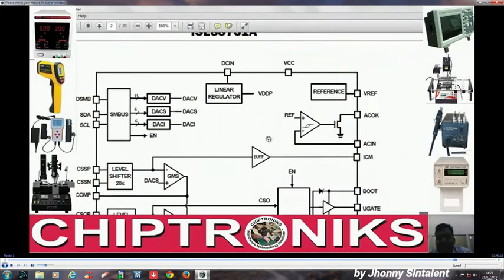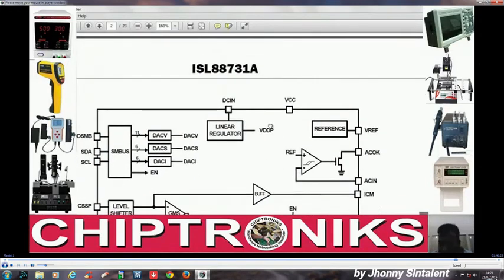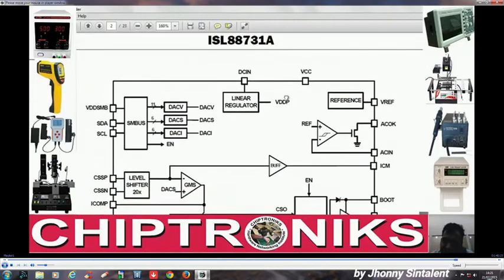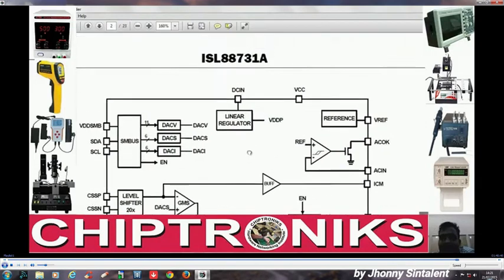Now we'll study the data sheet of ISL88731A, which is present as a charger IC in Lenovo Y570 and 470. We are referring to two kinds of board: one is DV2000 and another is Lenovo Y570 or 470. So let's understand what are the similarities and what are the differences between these two charger ICs.